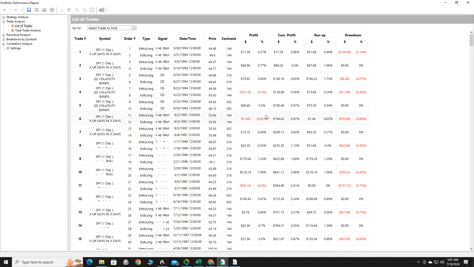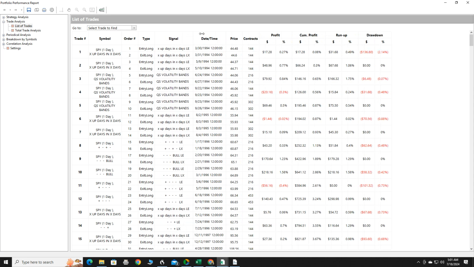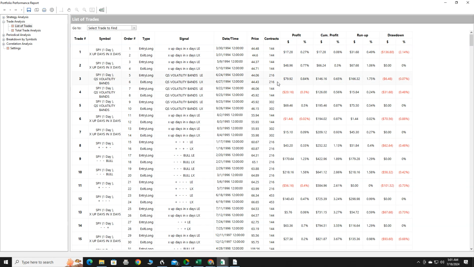You will see that our base position was 144 shares. But notice this particular strategy, even though it was ensemble, started at a higher base position. The reason it did this is because the strategies that we put in the portfolio were operating in the background.